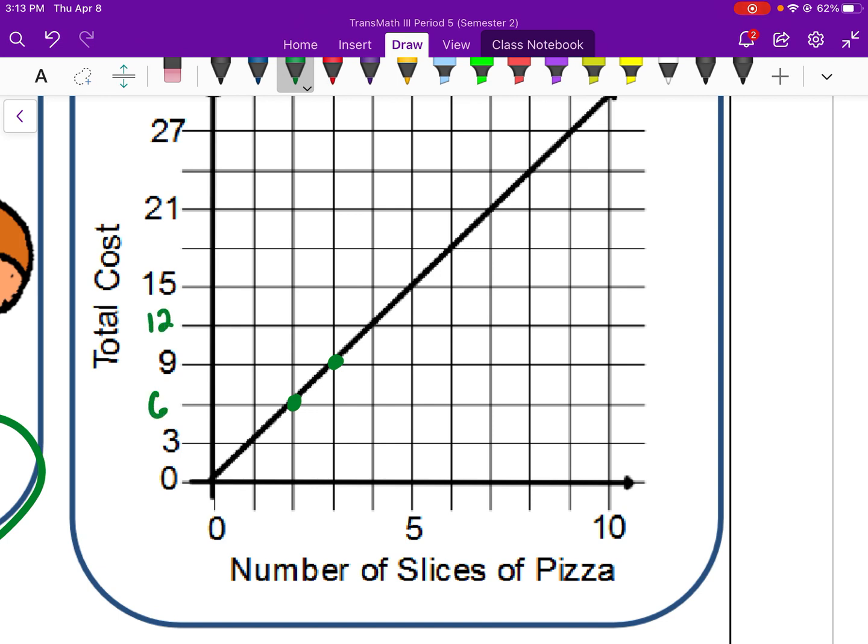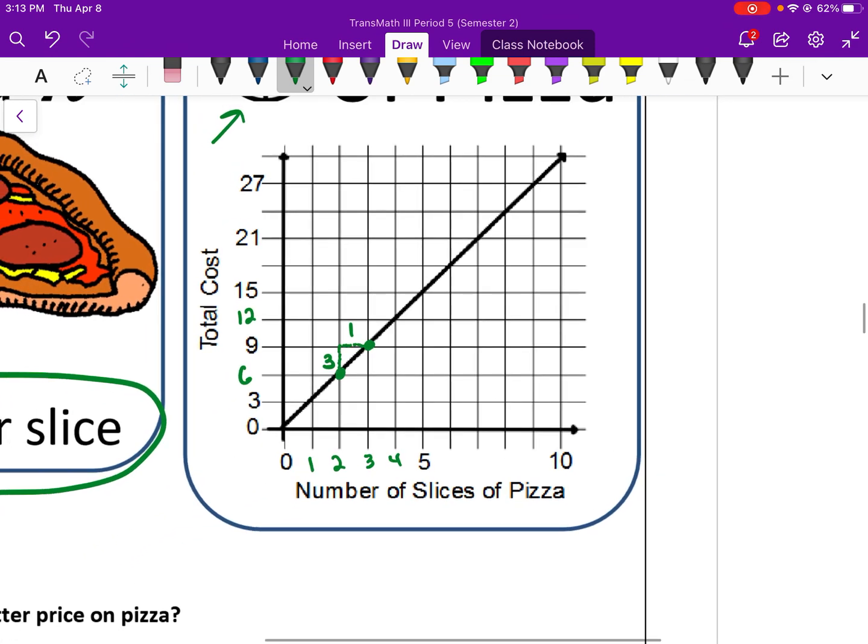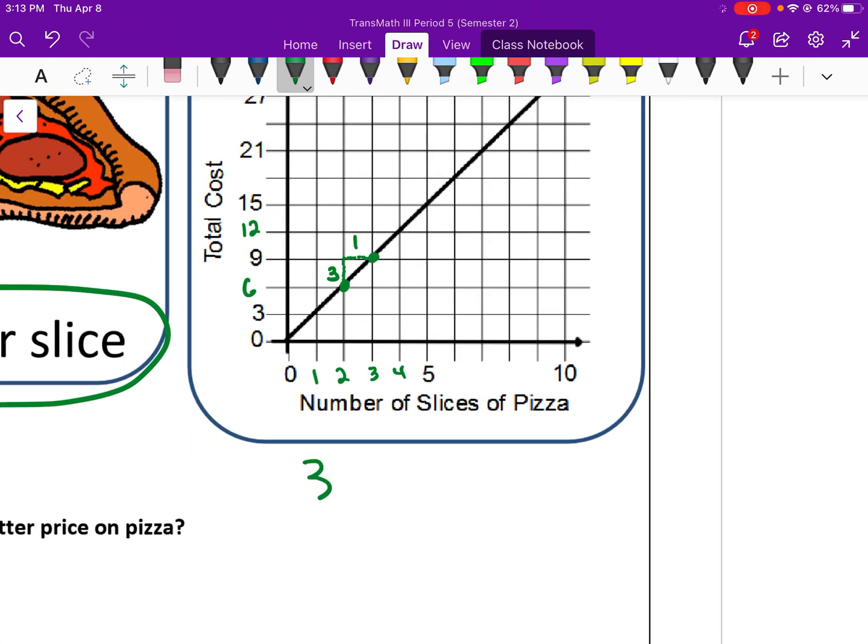It's going up by 3s. We can determine the vertical change over the horizontal change. Vertical change, we're going from 6 to 9, so that's a change of 3. 2 to 3, that's a change of 1. Again, we always do the vertical change over the horizontal change.